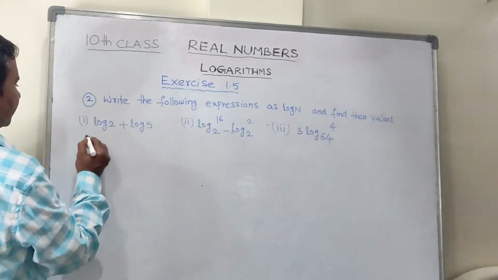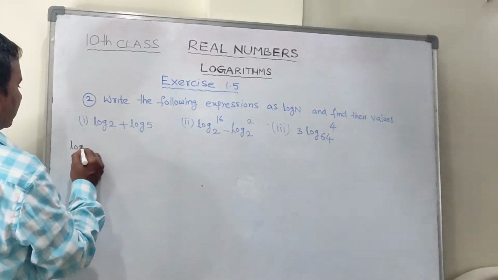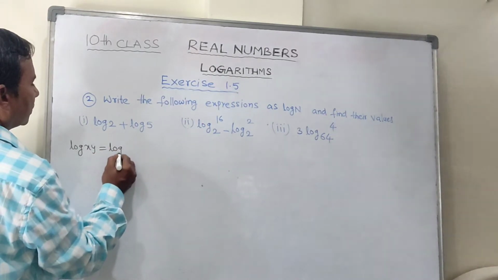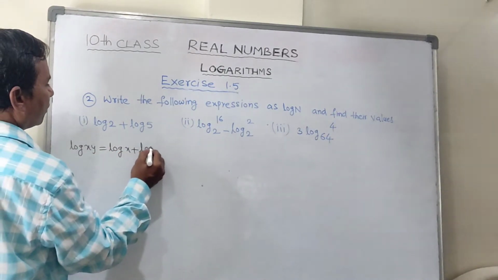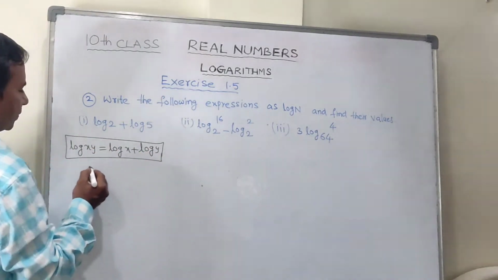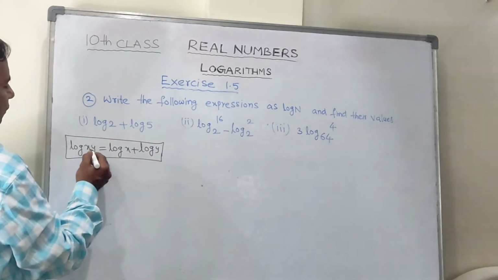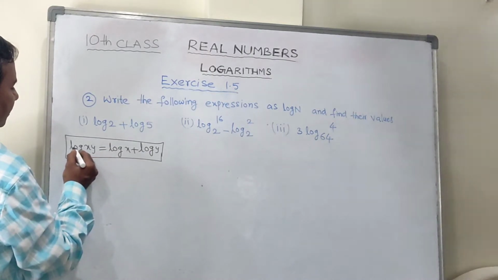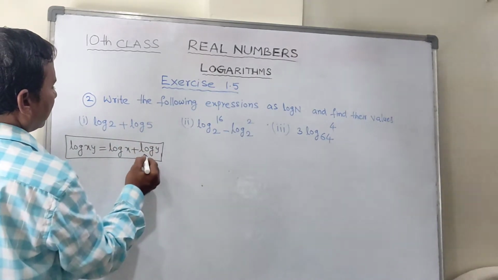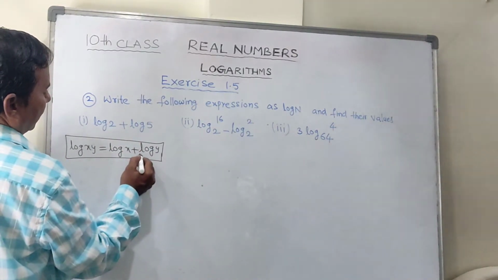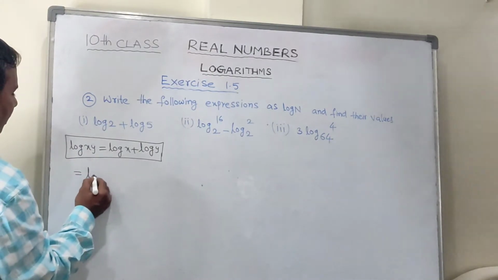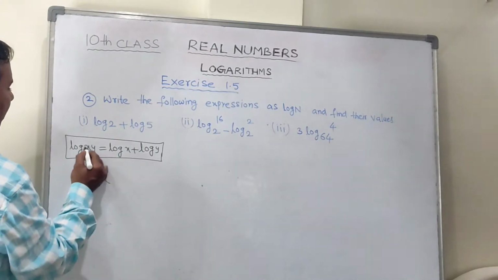First one, as we know some formulas, log xy equals log x plus log y. Here log x plus log y is the RHS, so we have to write it as a single term, taking logarithm of x into y.